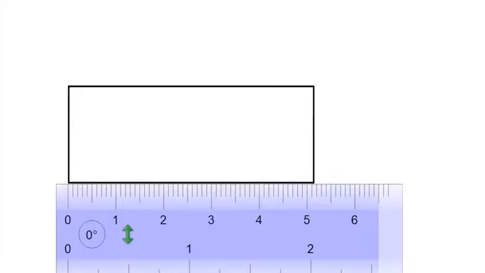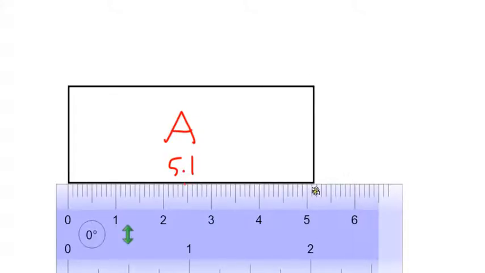Let's say we want to find the area of this rectangle. We again have our measuring device, and we are measuring lengths less than 10 centimeters, so we should be able to get 3 significant figures for both of our measurements. This is a little bit less than 5.2 centimeters, so we know it's going to be 5.1 something.